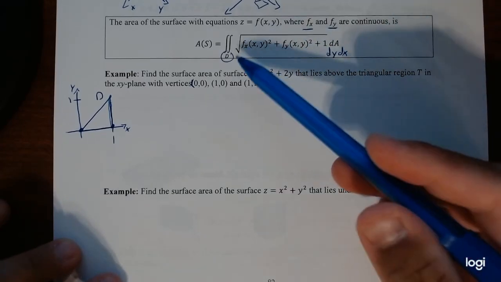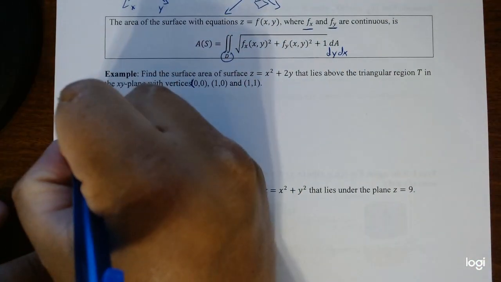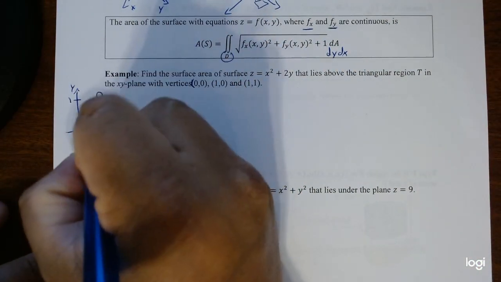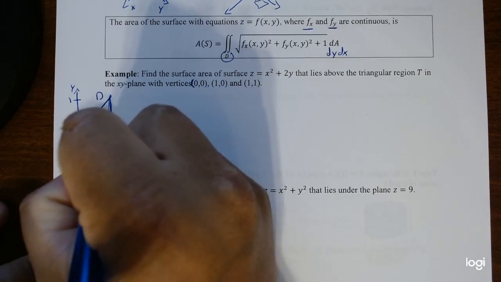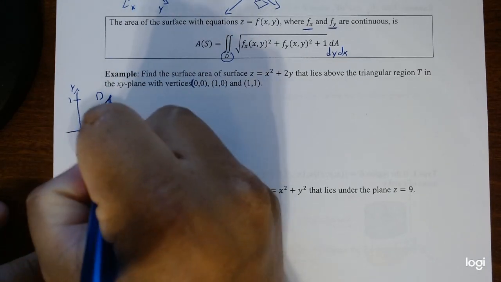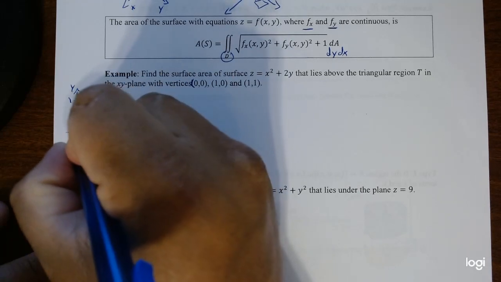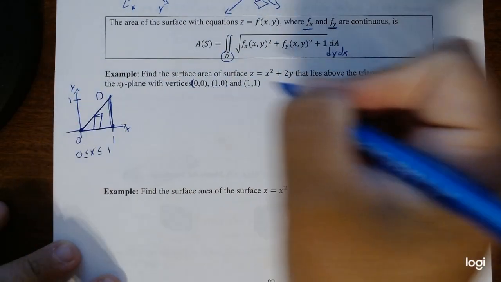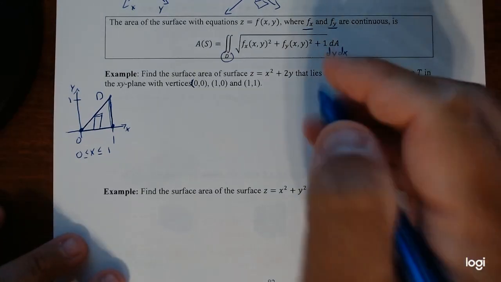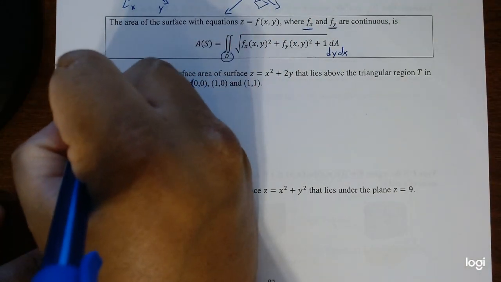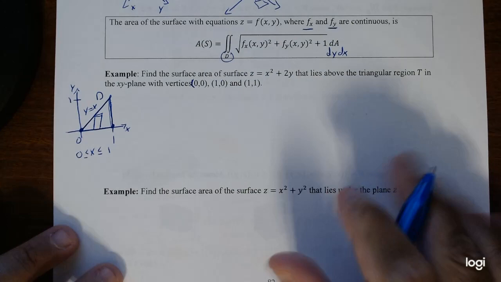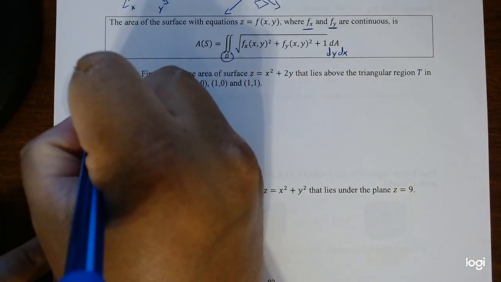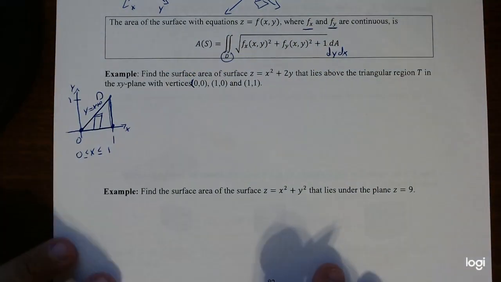According to our process, we need to find the double integral. x goes from 0 to 1, and y goes from 0 to this line here. This is just the line y equals x, or you could say y equals x plus 0, because the y-intercept is 0.